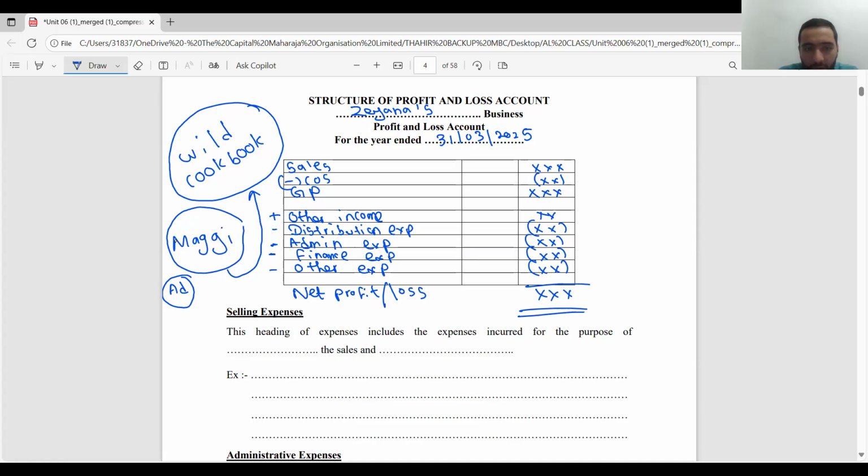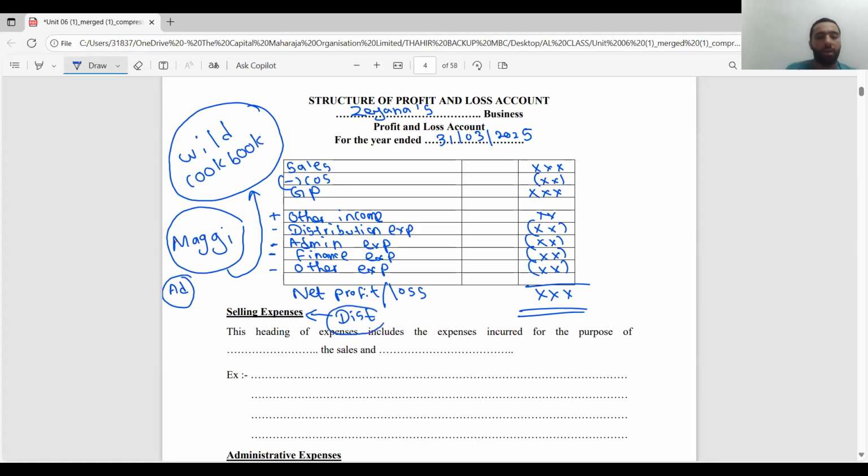That expense is called selling expenses. If you want to sell something, that is called selling and distribution expenses.